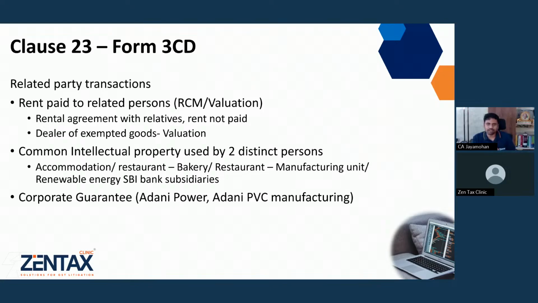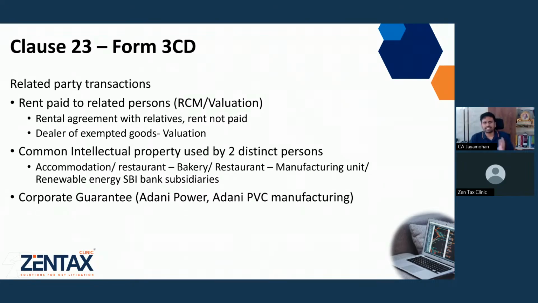So I will say that 3 lakhs of rent is payable by you for this period, and you have to pay RCM at 18% on this. And ITC is also not eligible because you are fully dealing in the trading of exempted goods. These are the kinds of stances the officer might take. Related party transactions reported in Form 3CD might act as indicators for these kinds of non-compliances.